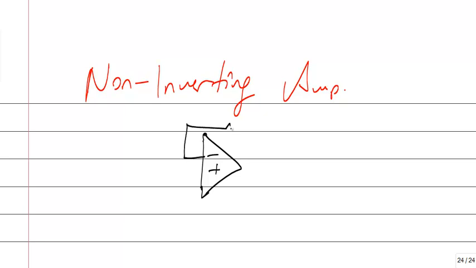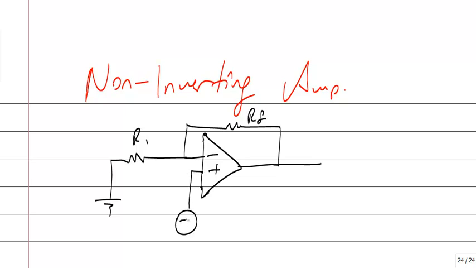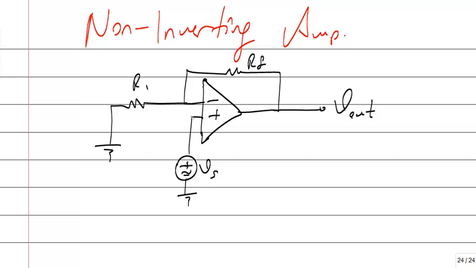If the source voltage is connected to the positive input like that, instead of the negative side, if you connect the positive side, this will be the non-inverting, and this point is V source.